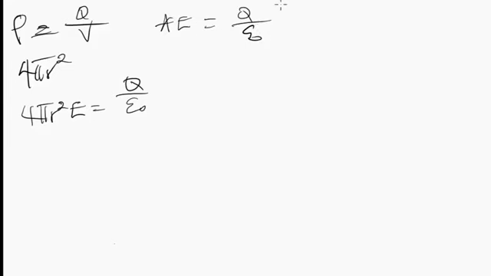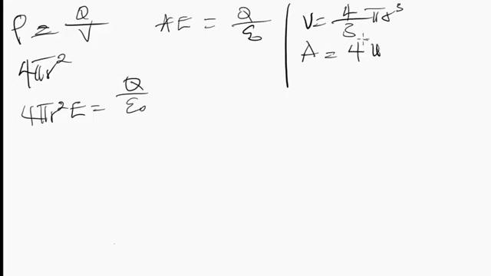Now, let's set aside this. Let's also remember that the volume of a sphere is equal to 4 over 3 pi r cubed. So while the area is 4 pi r squared, always take note of this.